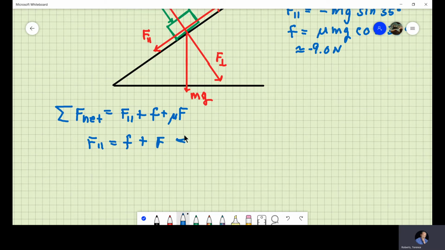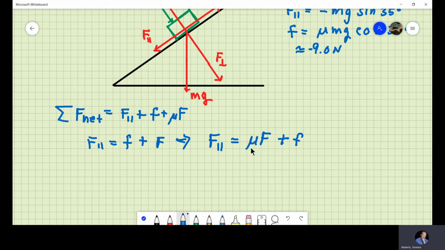So we can go one step further and say the perpendicular force is going to be equal to mu F plus the frictional force by itself.